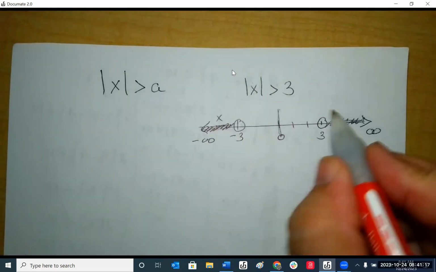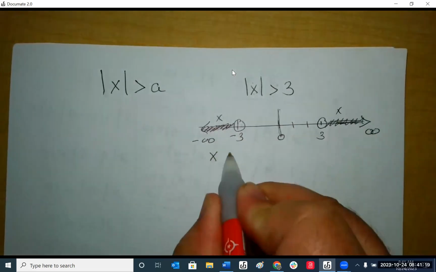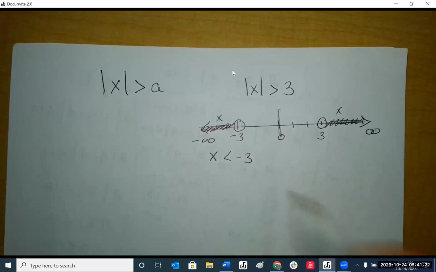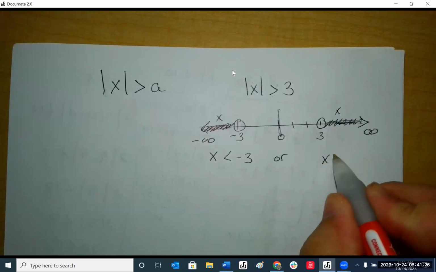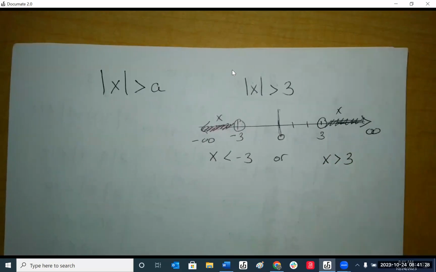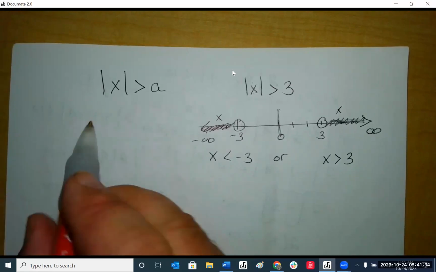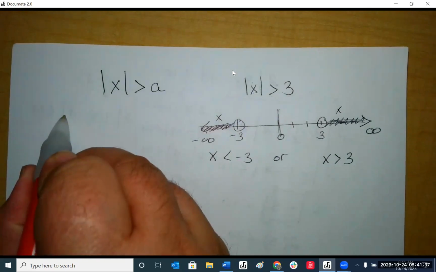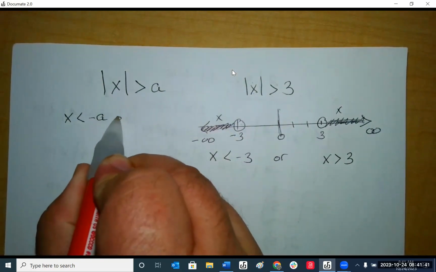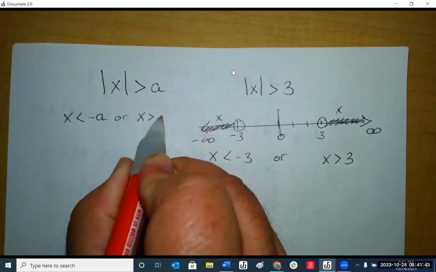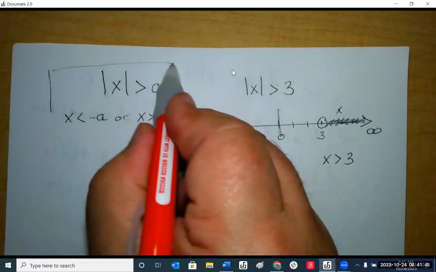So remember, these are your x's. So x is less than negative 3, or x is greater than 3. X is less than negative a, or x is greater than positive a. And there's your formula.